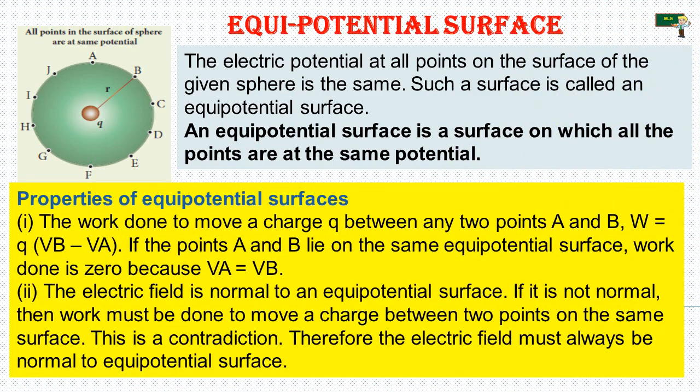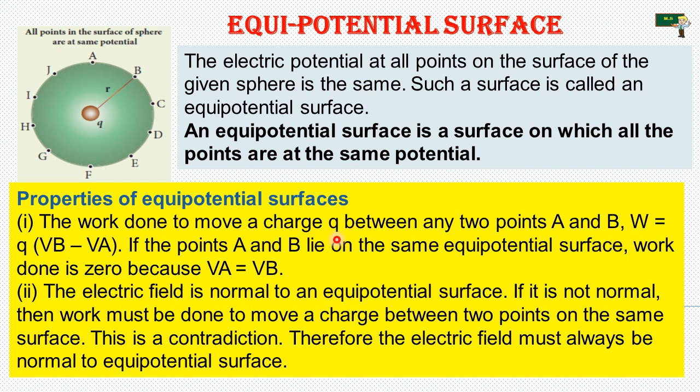Now, what are the properties of equipotential surfaces? First one, the work done to move a charge Q between any 2 points. Already we know in the electric dipole we use A and B as a dipole.